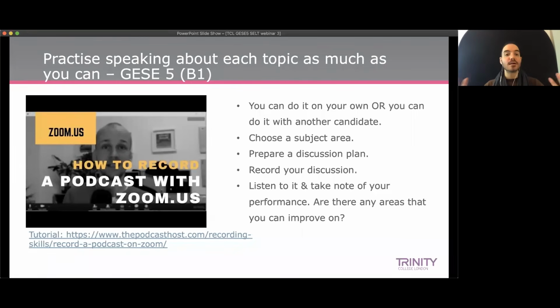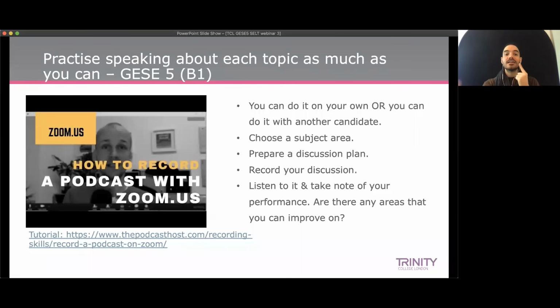Choose one subject area and then do a role play. You are the examiner and your friend is the candidate. So you ask the questions that you prepared and the other person answers.